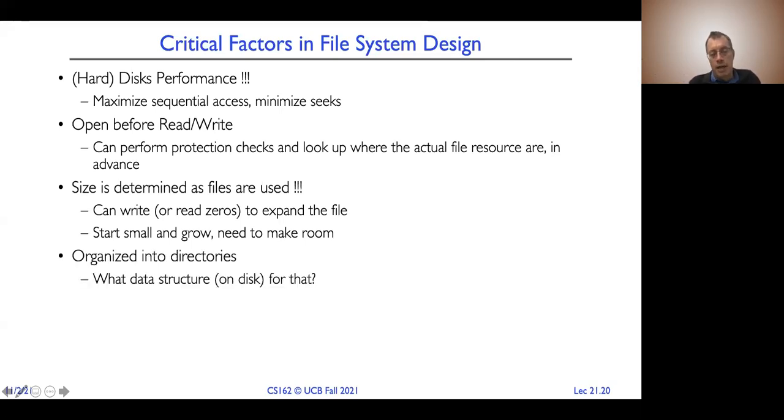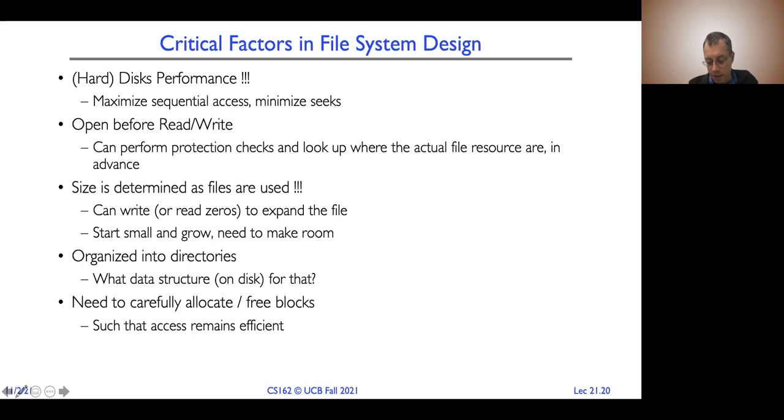The files are organized in directories. You have a directory structure, and this directory structure, the directories and files, is also stored on the disk. Then you need to allocate. I think we are going to see that in the next lecture.